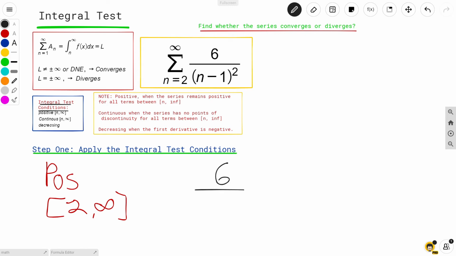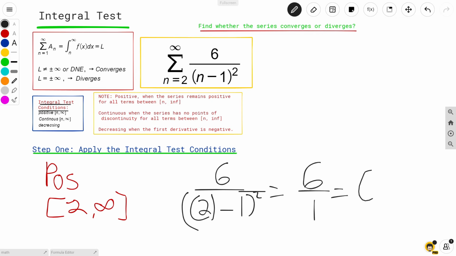Now, you can make an argument saying that at 1 there's a discontinuity, but the lowest term we can have is 2, and 2 minus 1 squared is equal to 2 minus 1 is 1, 1 squared is 1. So this would be equal to 6 over 1, which is just 6. So therefore, it passes the first test that it's positive over the interval.